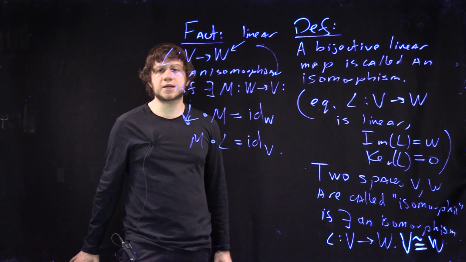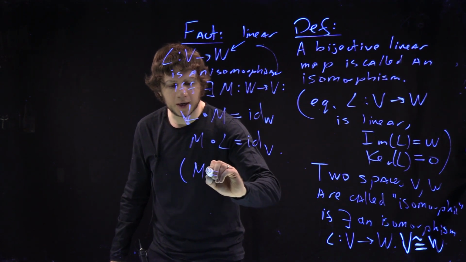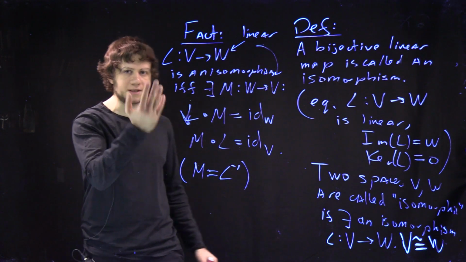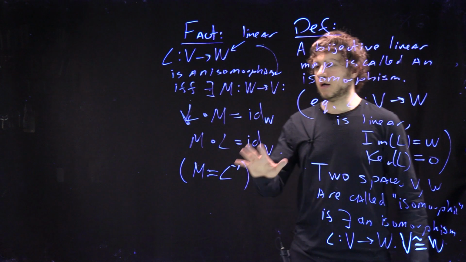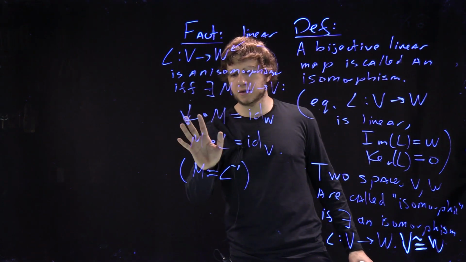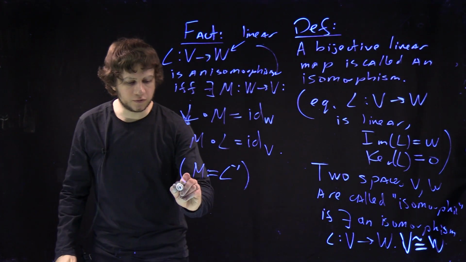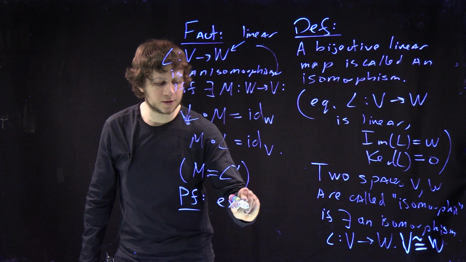So of course, this M will be denoted by L inverse. This just tells you the same fact, which is true for bijections, is true for linear maps. This fact is pretty obvious. The proof, maybe let me leave it as an exercise.